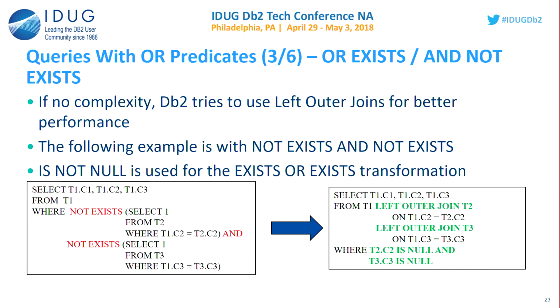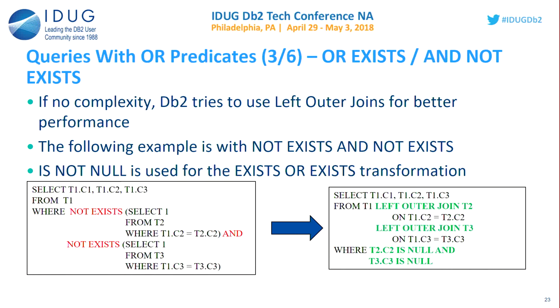So this is one with exists or exists. It's very similar to the previous case where we have an OR predicate, but it also applies to not exists and not exists. In this case, we can rewrite it into a left outer join, because a left outer join conceptually is, give me the rows that match, and if it doesn't match, give me a null value.